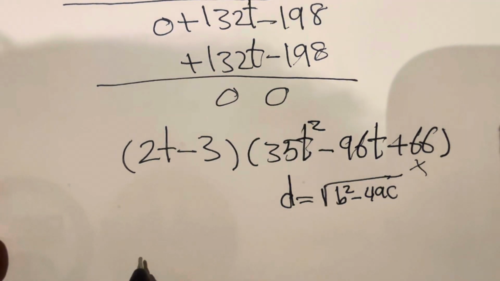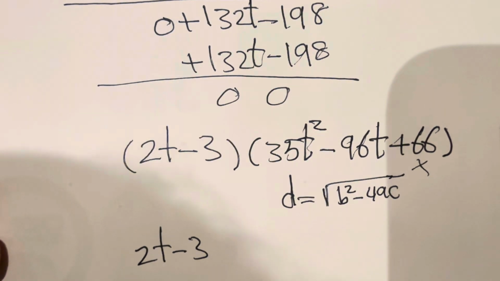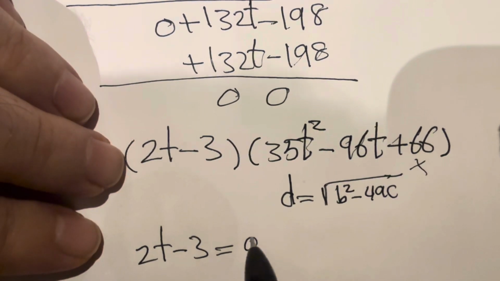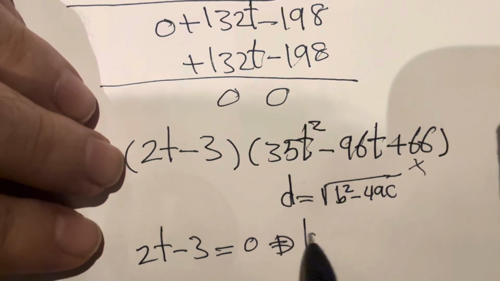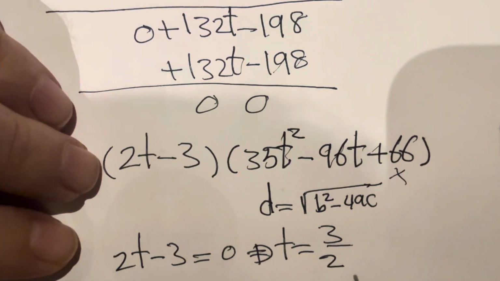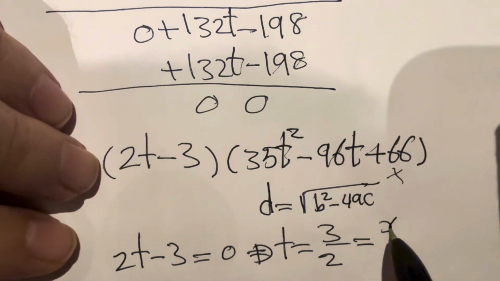So 2t minus 3 equals 0 gives one of the real roots, t equals 3 over 2, but t equals x over y.